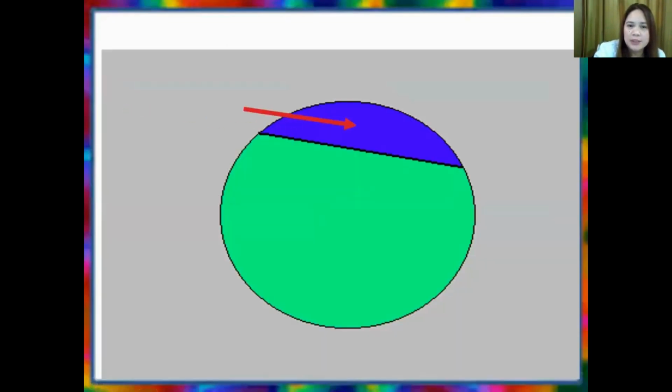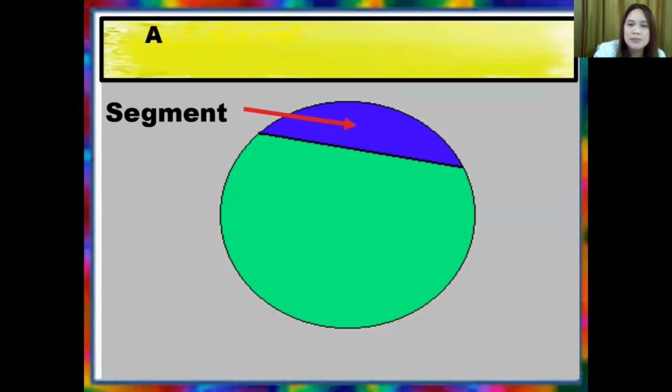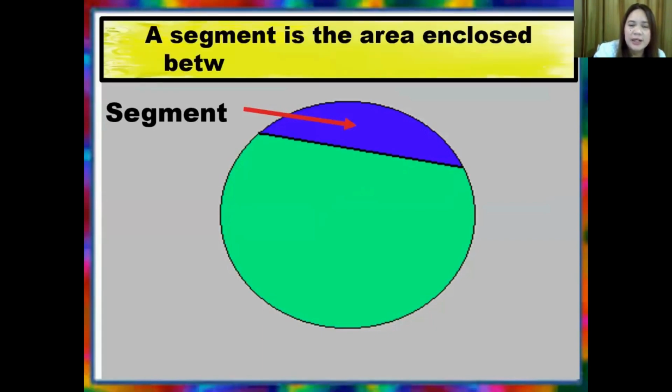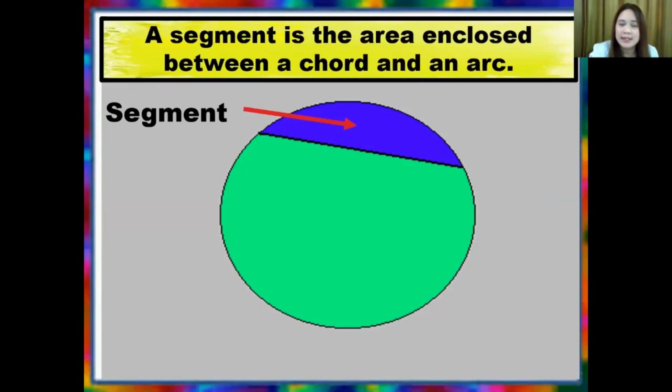Another important part of a circle is what we call a segment. A segment is the area enclosed between a chord and an arc. Remember, a sector is enclosed by the 2 radii and an arc.